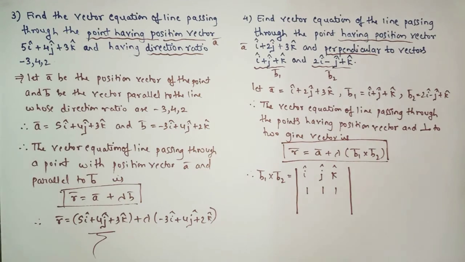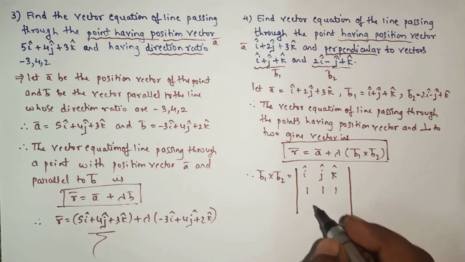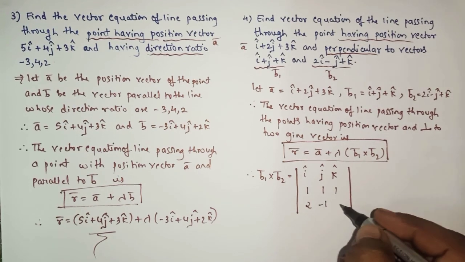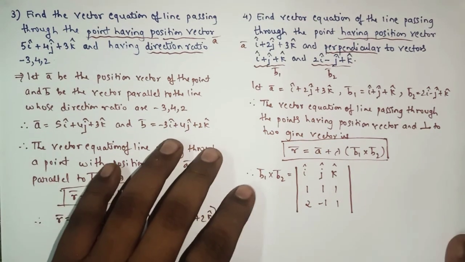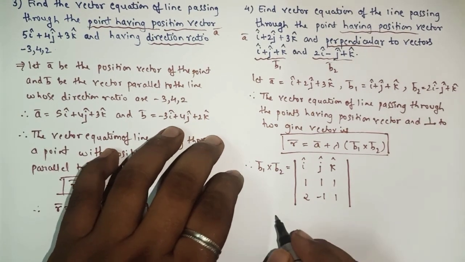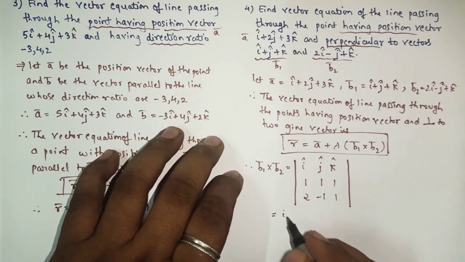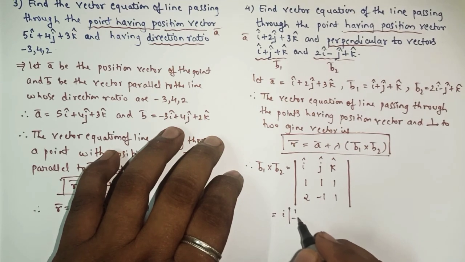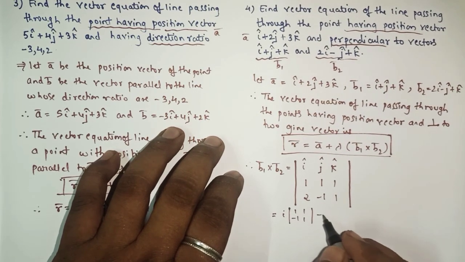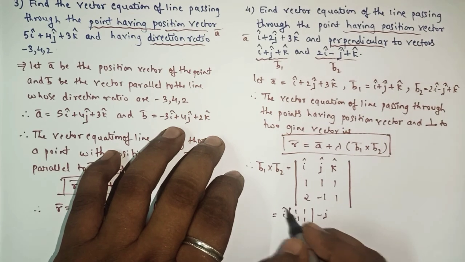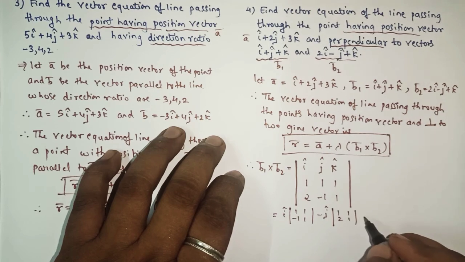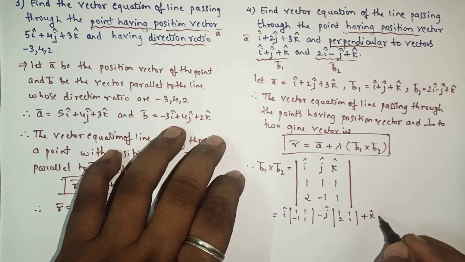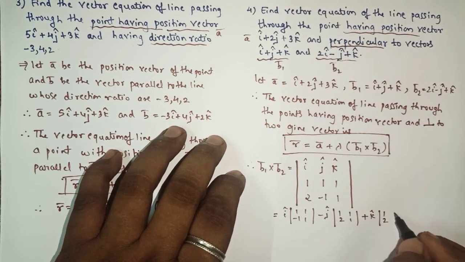And in the third row you will write the coefficients of b2, that is 2, minus 1 and 1. After that, I hope you all know how to solve a 3 by 3 determinant: i times (1 minus 1, 1 1), minus j times (1 2, 1 1), plus k times (1 2, 1 minus 1).